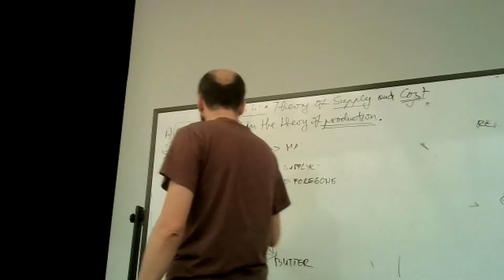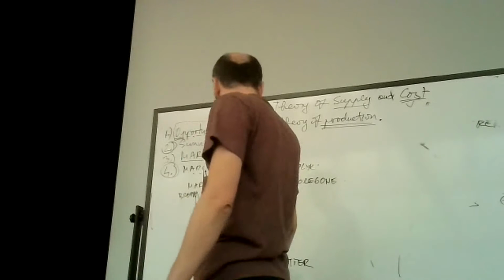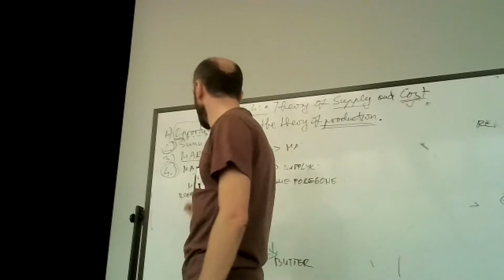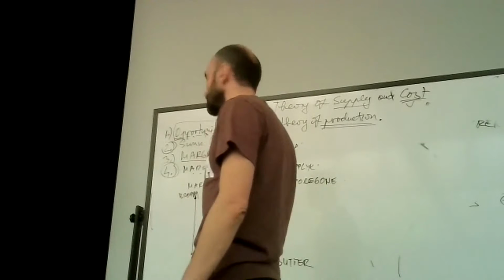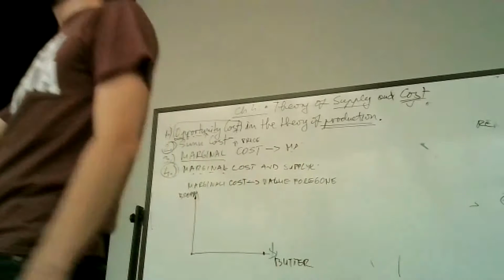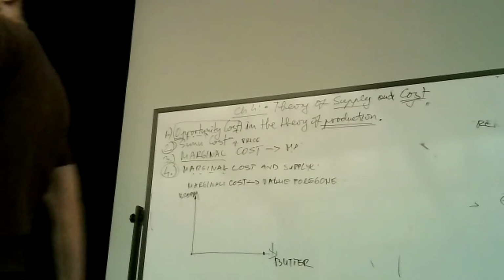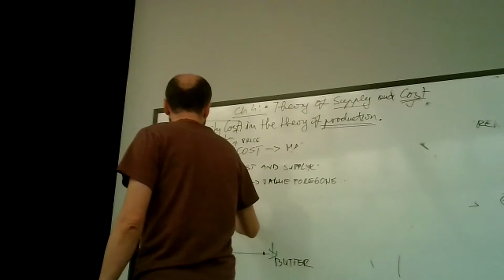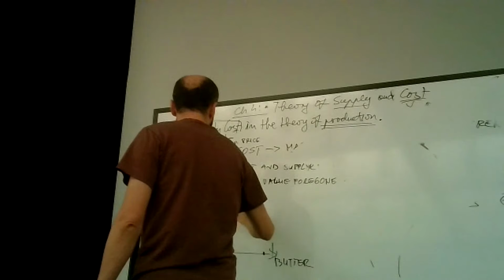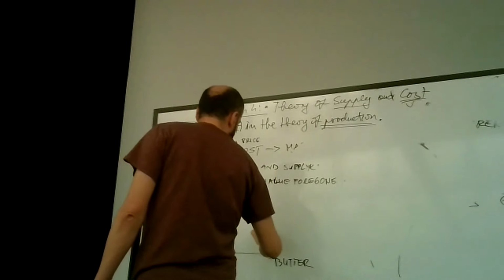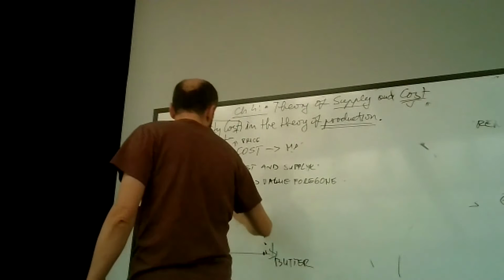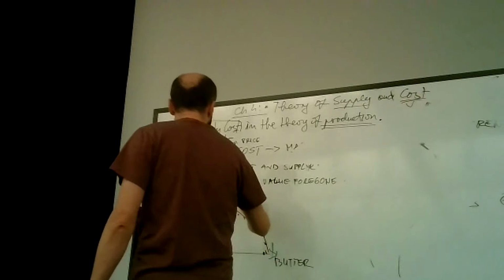And you can produce a certain quantity of butter and zero bread, or you can produce a certain quantity of bread with zero butter, and then you can combine by sacrificing a little bit of one or the other, you can produce different combinations. And then you remember when you connect all of these dots representing potential trade-offs, potential combinations of these quantities, that you get this curve of production possibilities.